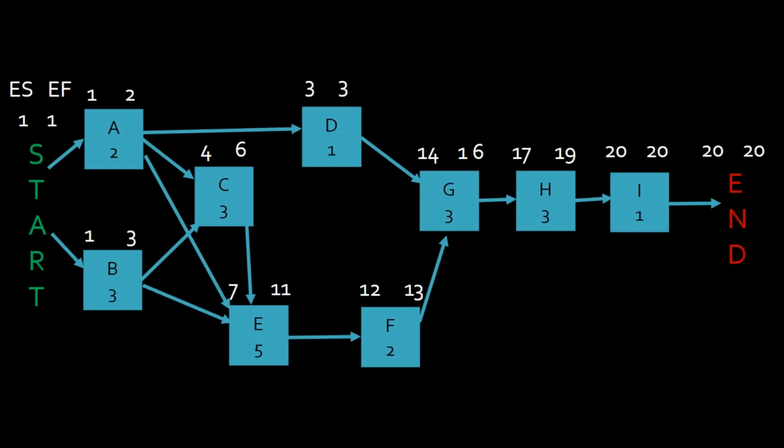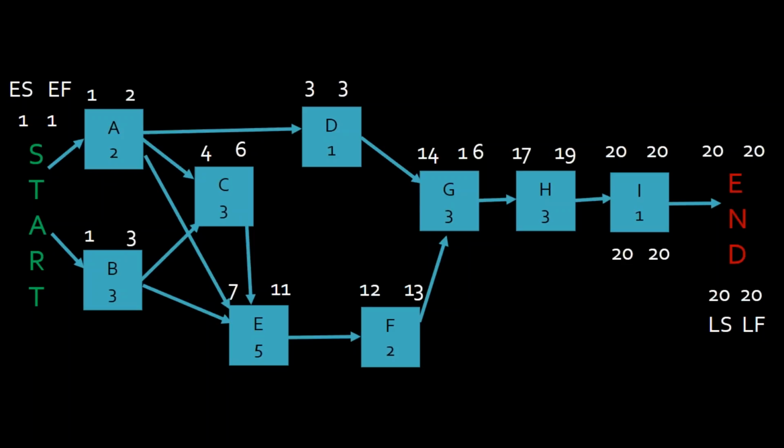So we start at the end. The latest that we can end the project, the late start and late finish of the null activity end, is 20. But if we go back to I, the latest that it can start, now, the rule here is that you cannot violate a constraint, and you don't want to change the duration.